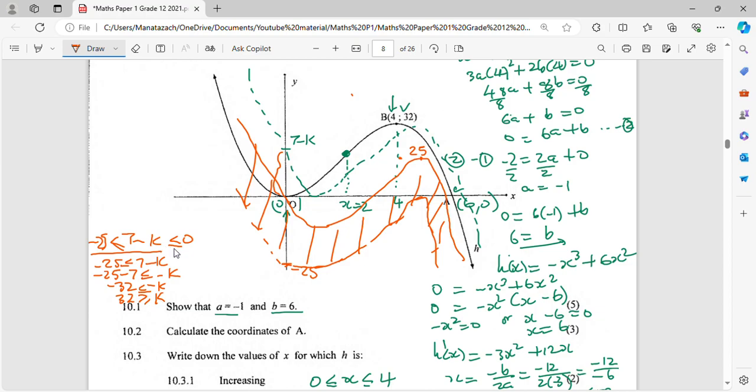And then on the right hand side, this part here is 7 minus k is less than or equal to 0. I'll just take k to the right hand side. Therefore, if I were to write in one way, k here is less than 32, and then k is greater than 7. This will be the answer.